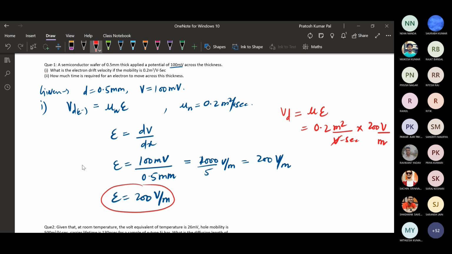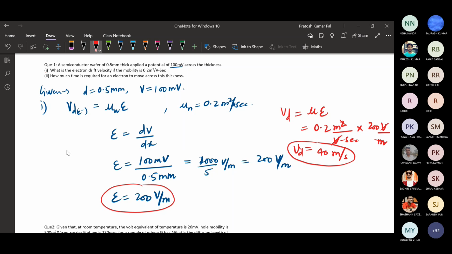Volt and volt will cancel out, meter and meter will cancel out, so Vd will be 40 meter per second. Okay, so this is the drift velocity.